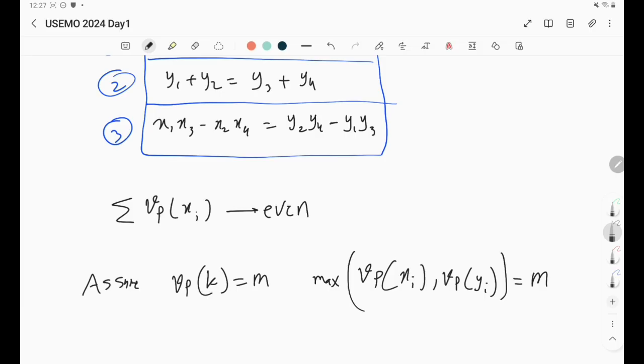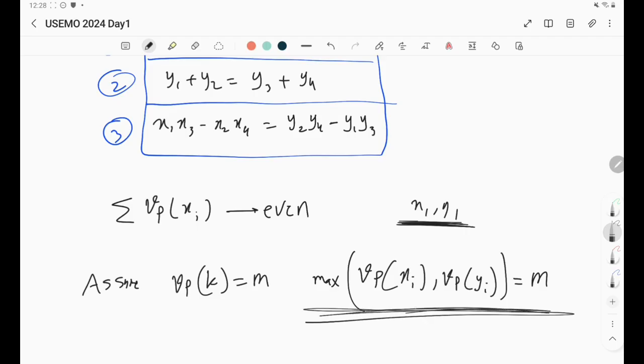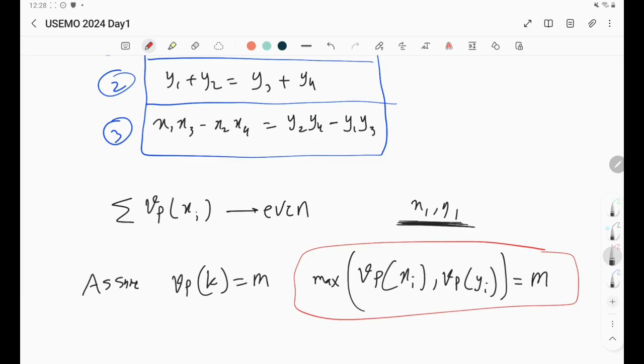Because if we take x1, y1, the LCM is going to be k, right? So if this thing has p to the something and this thing has p to the something, the max of these two is going to be m itself, which is the power of p in k. So yeah, this is a very important thing to keep in mind. Let's keep this in our mind.